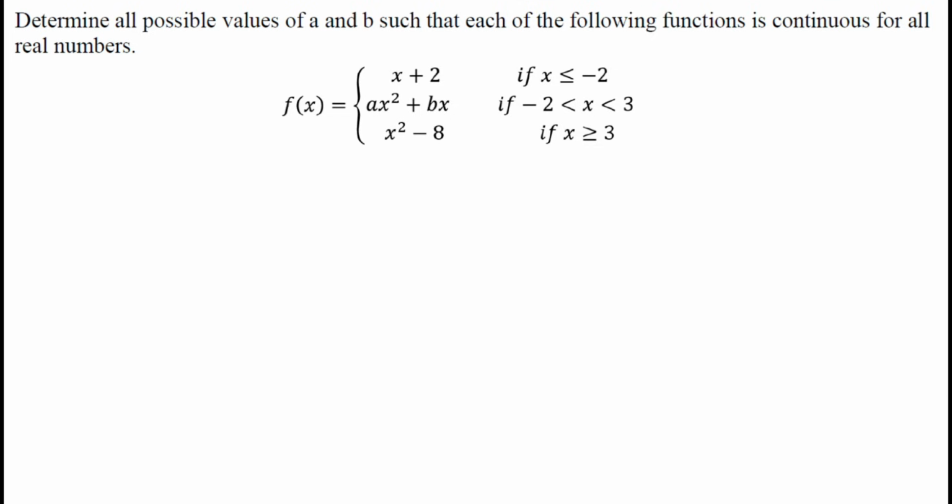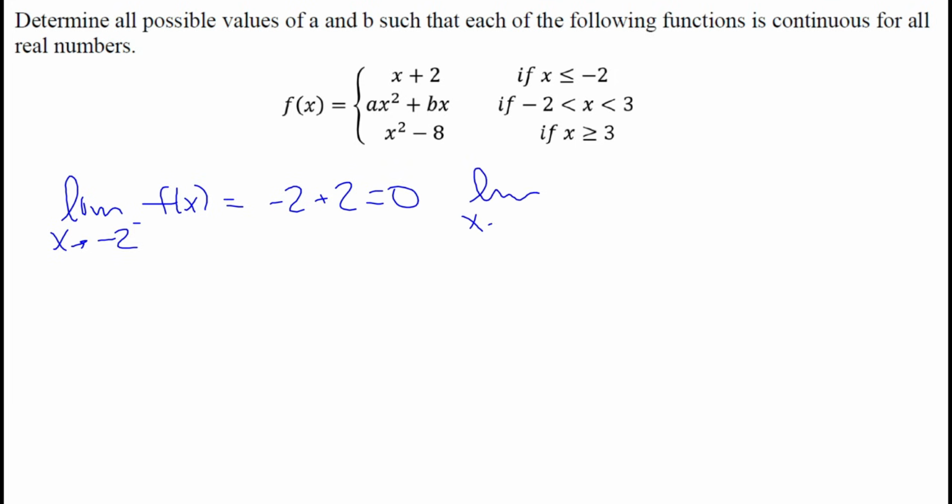So we'll start off here by doing the limit as x approaches negative 2 from the left of f of x, which is negative 2 plus 2, or 0, and the limit as x approaches negative 2 from the right of f of x, right, which will be, well, if we plug in negative 2 for x, we get 4a minus 2b. So in order for this function to be continuous at negative 2, we need 4a minus 2b to equal 0.